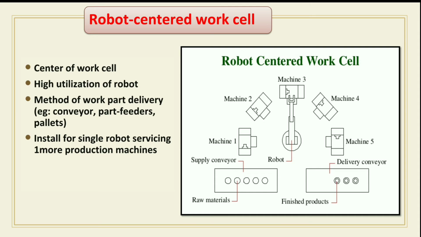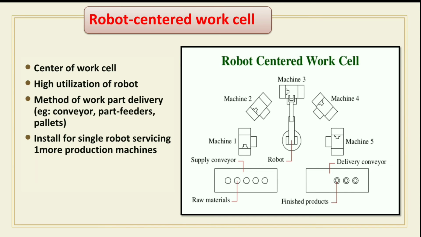So this robot-centered work cell uses high utilization of the robot. Methods of work part delivery, for example conveyors, part feeders and pallets, are installed for a single robot servicing center. The service operations are loading and unloading the equipment with parts.